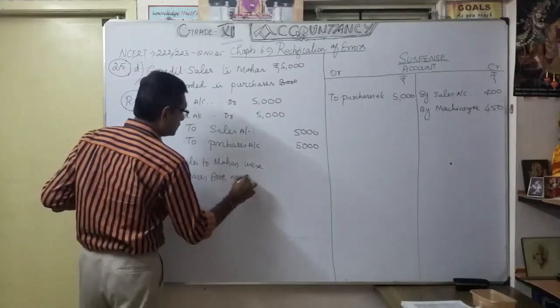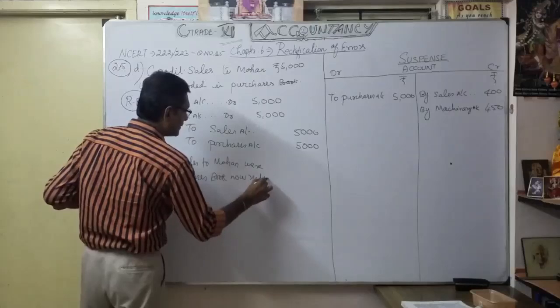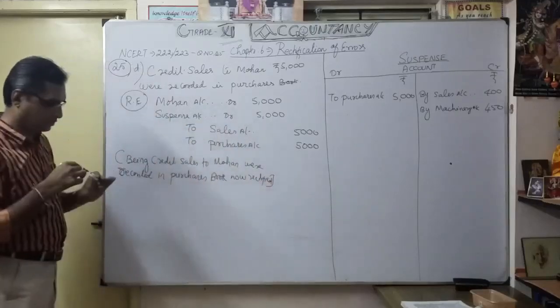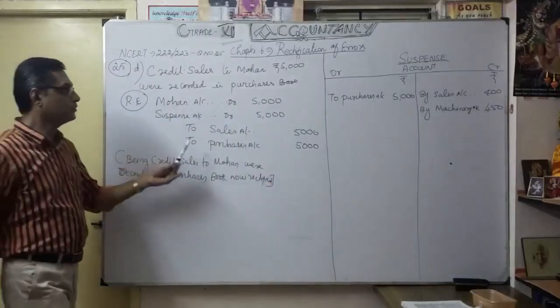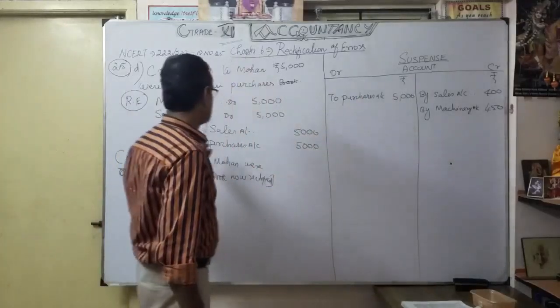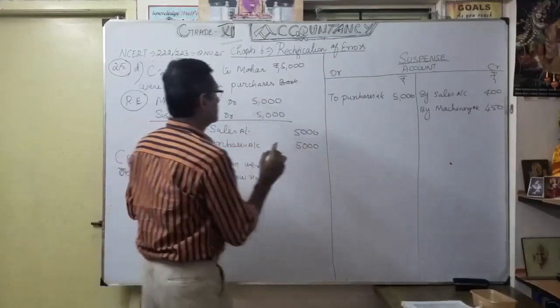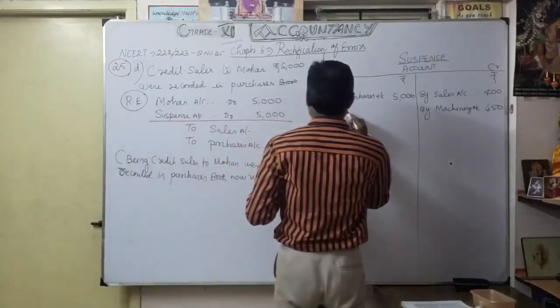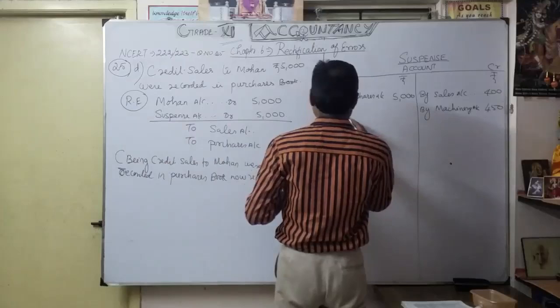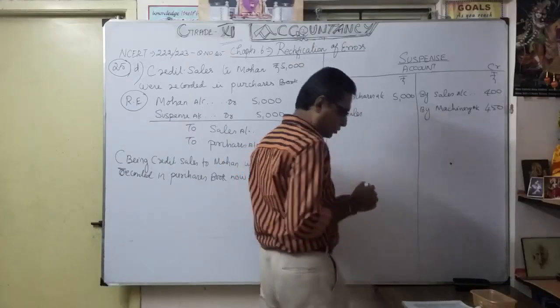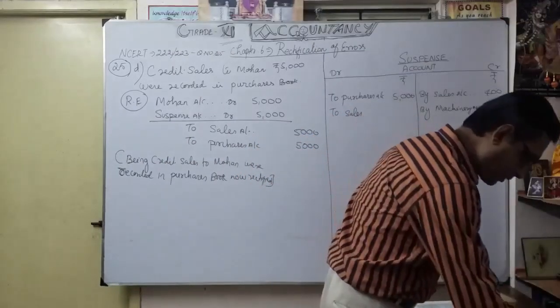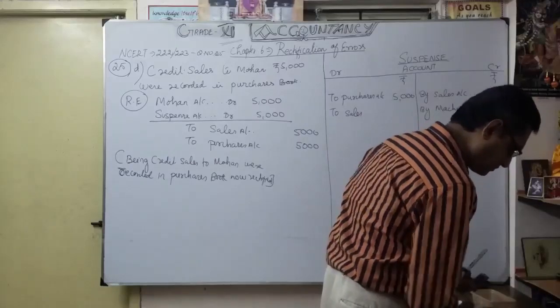Now understood directly? So now move to the suspense account. Because suspense account came, this is the base. I'm going to write to sales account, am I right? To sales account, how much? 6,000, isn't it?